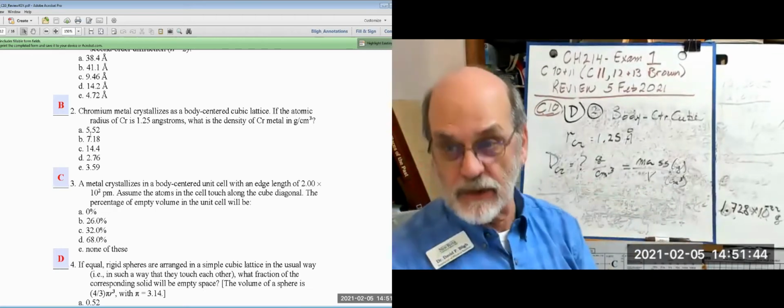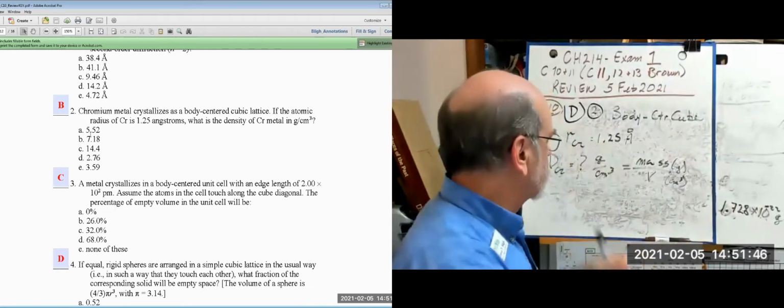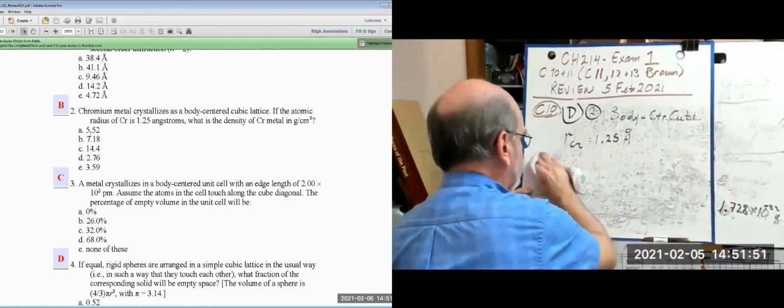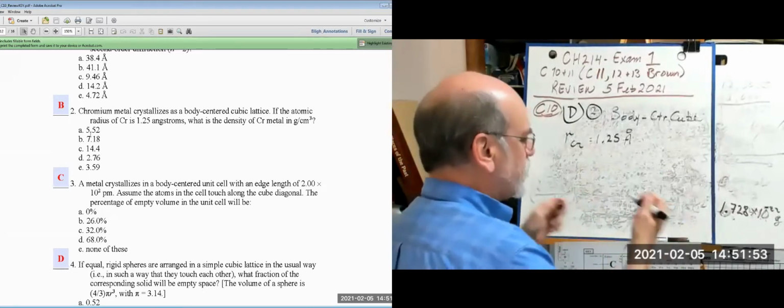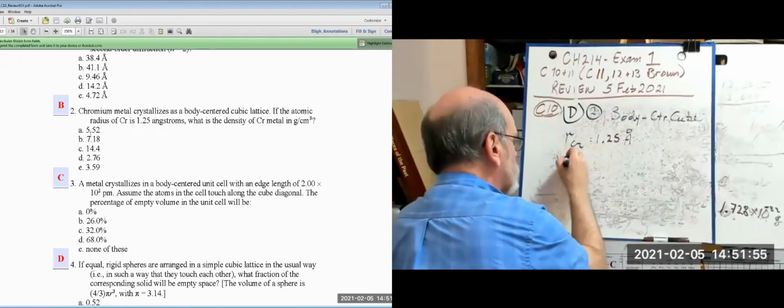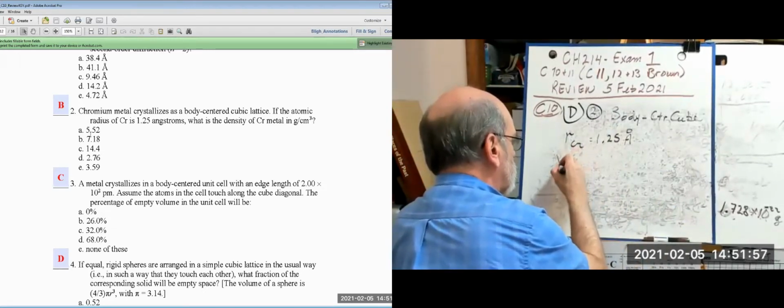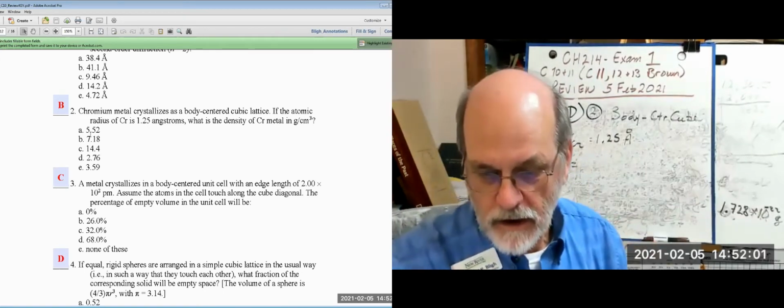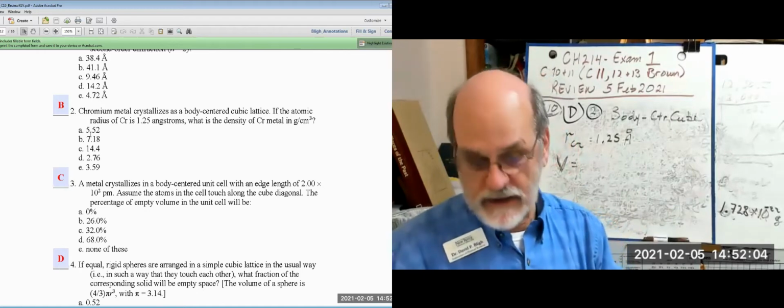Now we need the volume. So how do we calculate the volume? I'm going to have to erase this for now. So what's the volume of a body-centered cube? Go to your useful information. It's given.